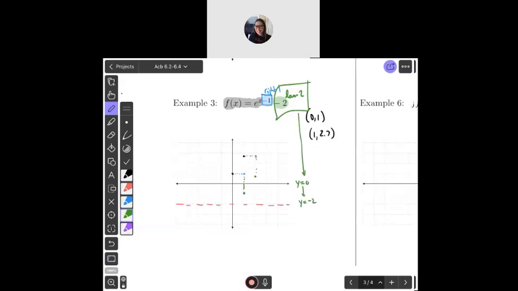We should be able to take that graph and sketch it out now from what we know about exponential functions. Go off to the left side, it should be pretty flat along the asymptote, and curve up through those 2 points. Something like that.